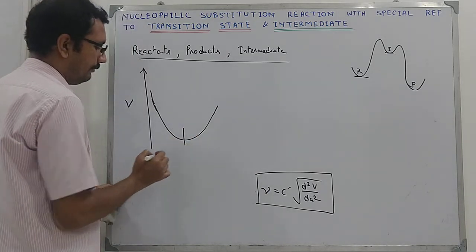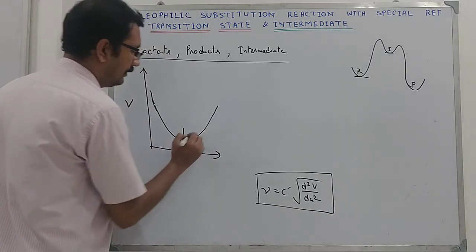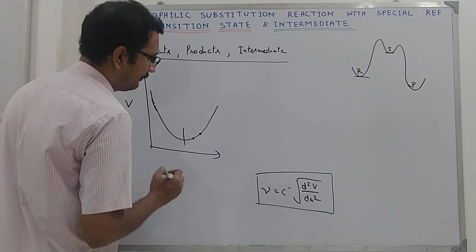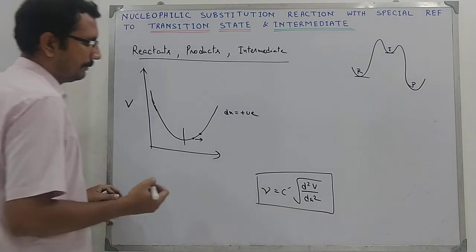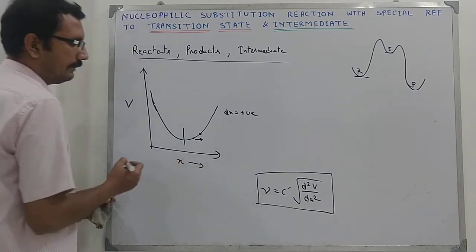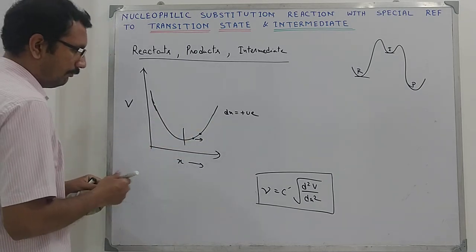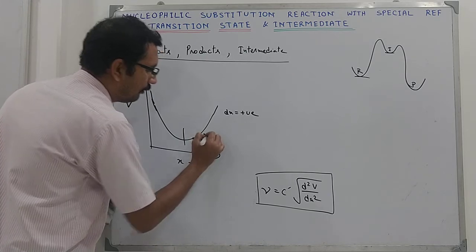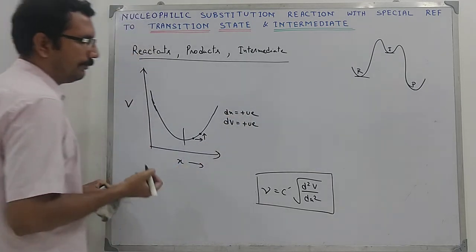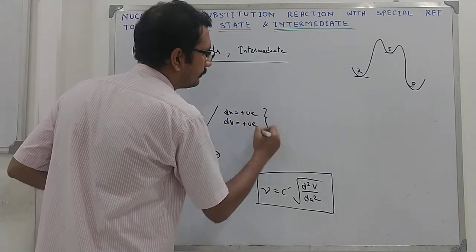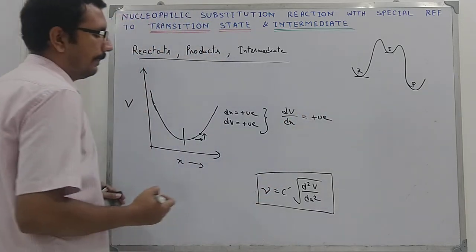Now, starting from this point, if we approach in the right direction, say we come from here to here, what will we have? We will have dx positive, since displacement increases in this direction. Now the potential is also increasing. When we move rightward, the potential also increases. So we have dV positive for dx positive. So the slope dV dx will be positive.